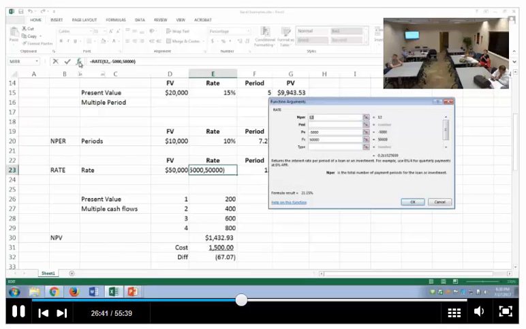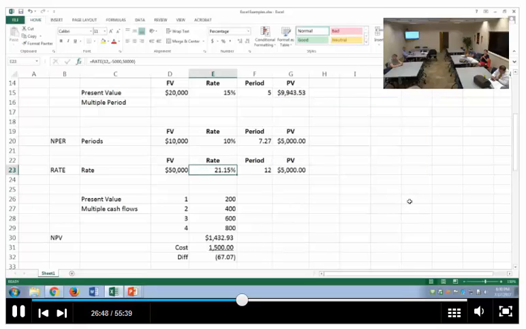Okay, and the rate is 21.15. So obviously this text was not written with the current rate structure that we have, but I think this is a good tool. Okay, all right. Can we go back to the?